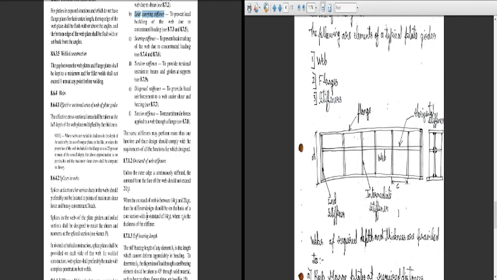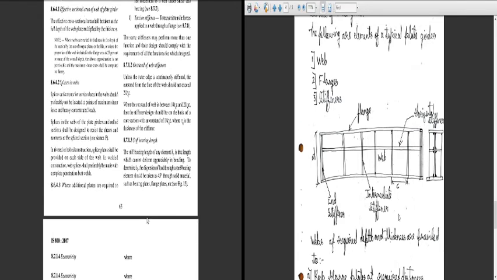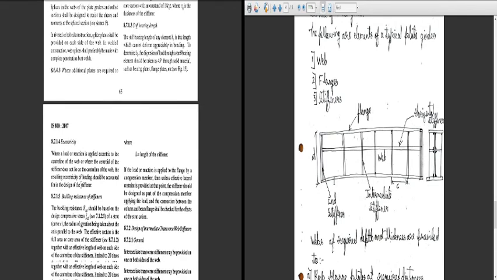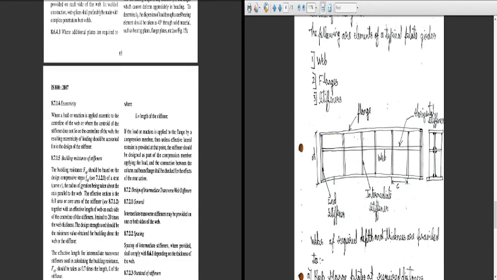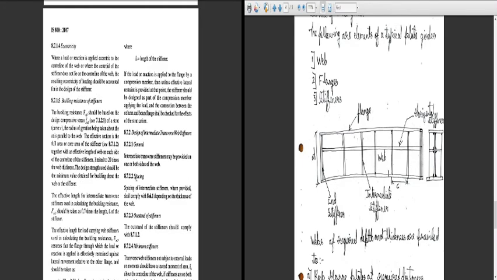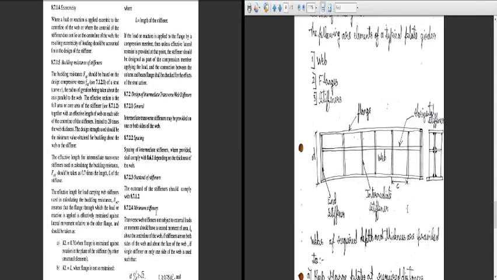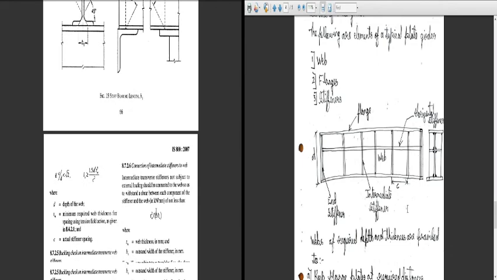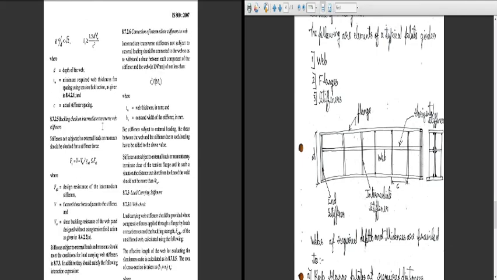They also give an outline of the web stiffener, stiff bearing length, eccentricity, buckling resistance of stiffener. Then the design of the intermediate transverse web stiffener: how to space it, outstand of the stiffener, minimum stiffeners.